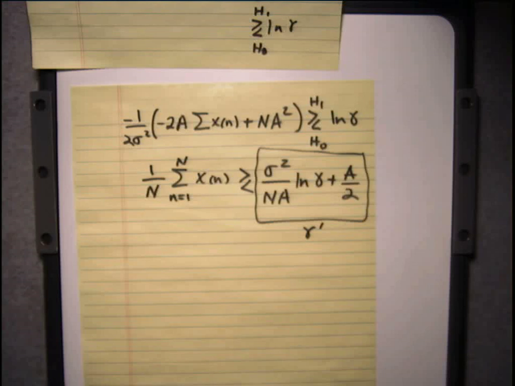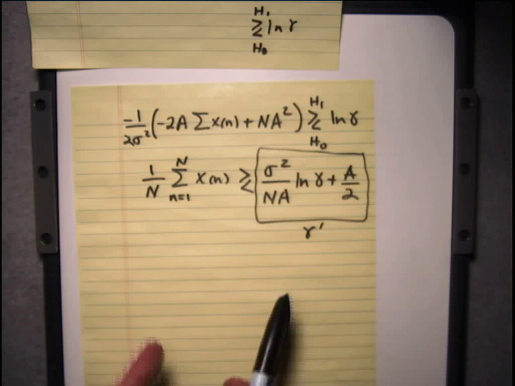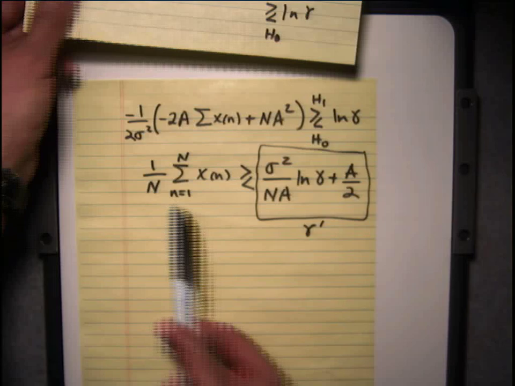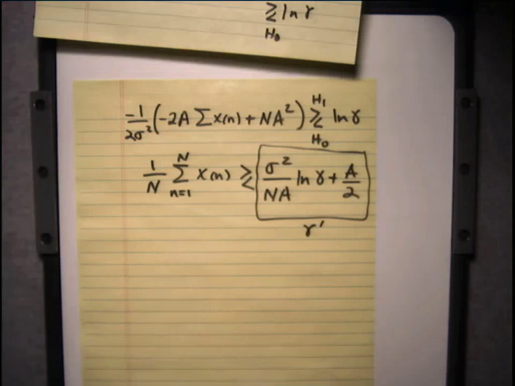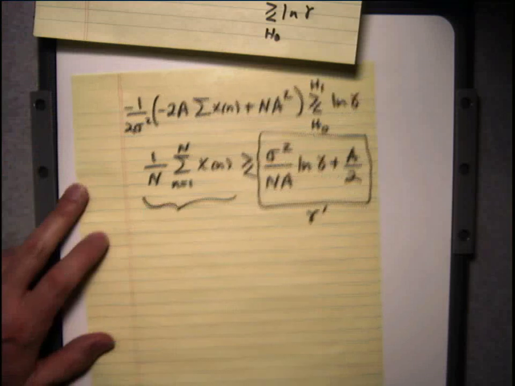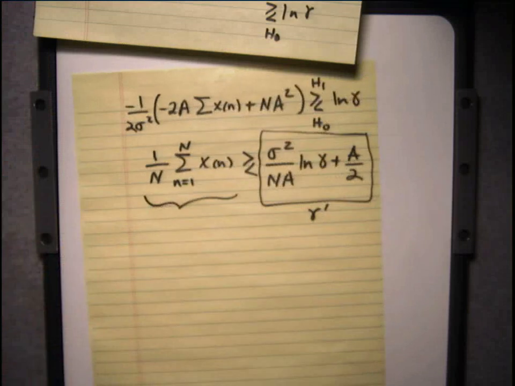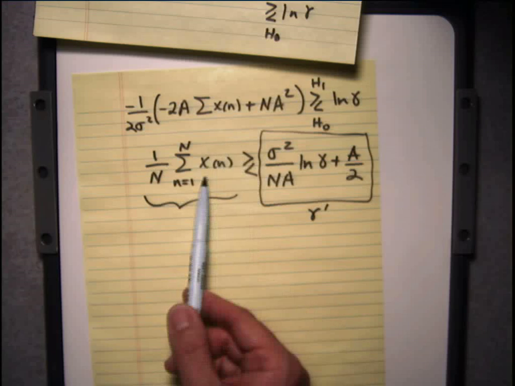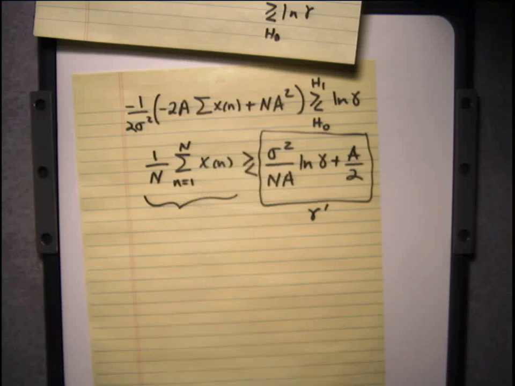Okay, so there's something special that happens here. This ugly expression ended up giving you something fairly simple. This quantity is essentially summarizing all the information that you need to make a decision, right? Once you get to this point, you no longer need the individual data points. All you need is their average.